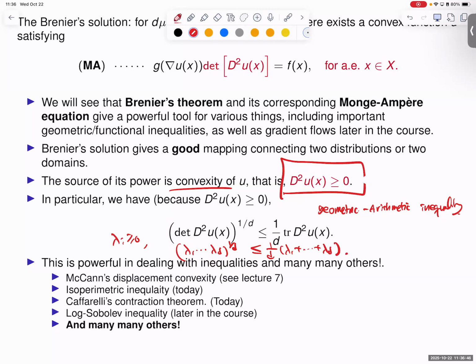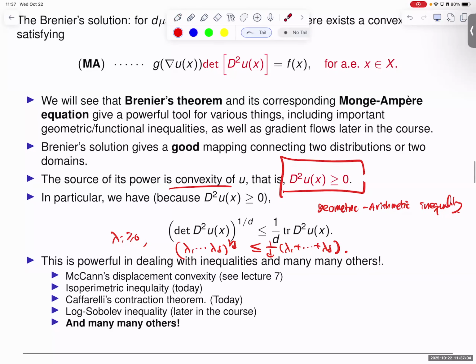So this property is very useful. It gives some extremely nice property for the Brenier mapping. You'll see in a moment.